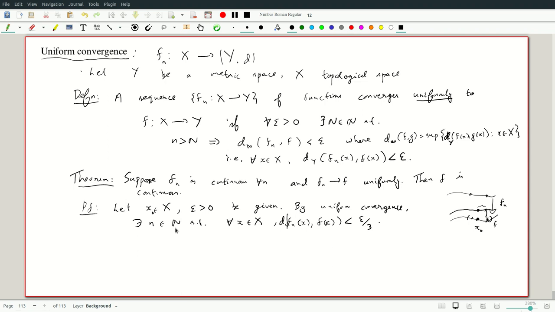Actually, you can find a capital N such that this is true for all n greater than that, but we just need one n, which will be capital N plus 1 if you took the definition here.